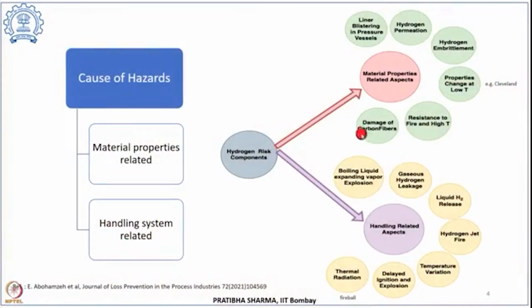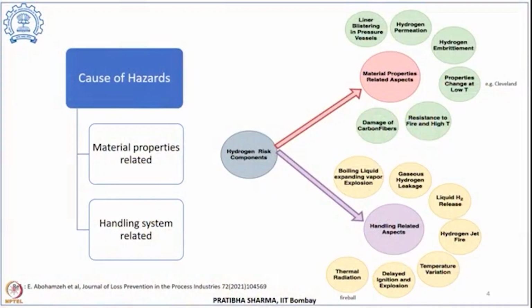Another possibility could be damage to the carbon fibers. We know that type 4 tanks are highly complicated structures, highly complicated storage vessels, and they are meant to satisfy certain safety requirements, in such a way that they should avoid matrix cracking, fiber breakage, and delamination, and the dome structure should be such that it can bear the overpressure and any sort of impact from the environmental conditions.